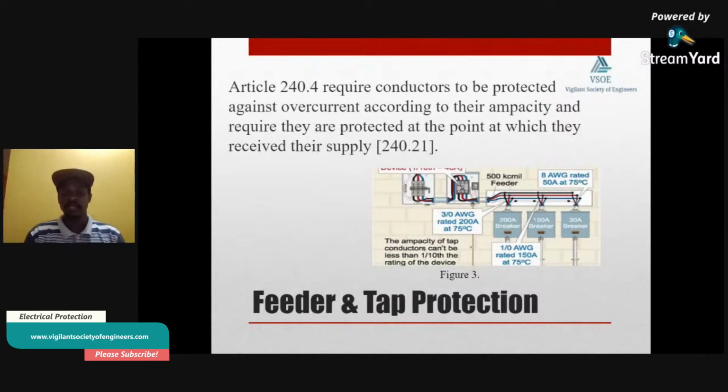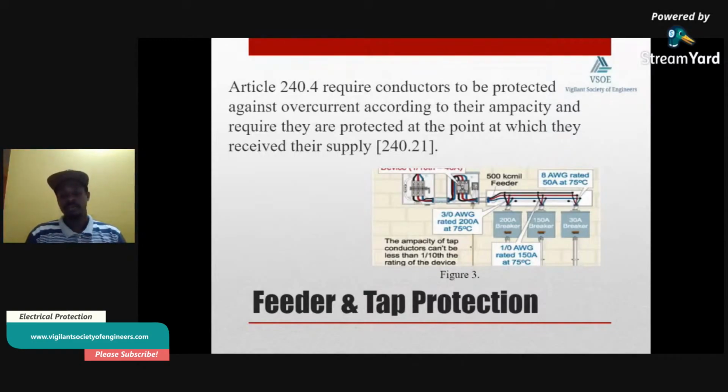Now, when we look at the feeder conductor in this figure, say 500 kcmil, and we're tapping off this 500, those conductors respectively would have been 200 amps, 150 amps, 300, or say 30 amps.